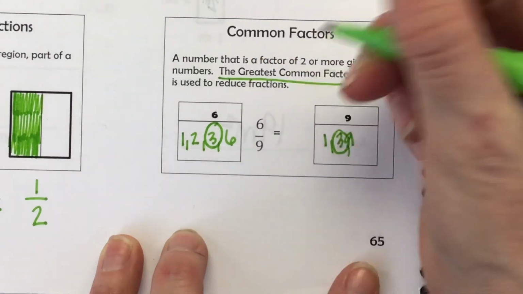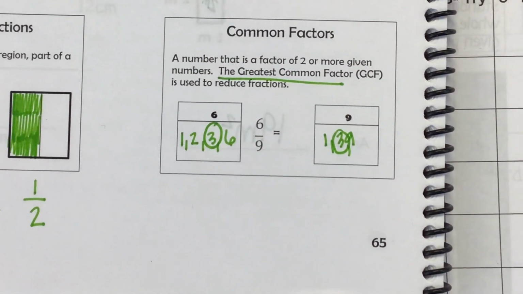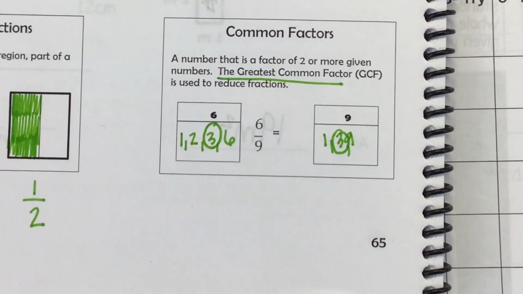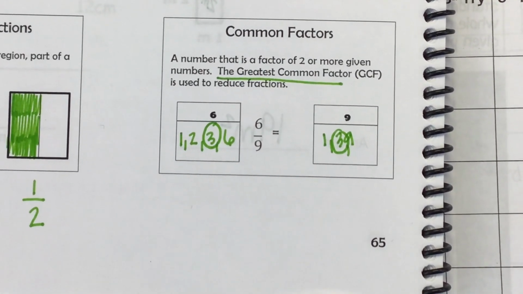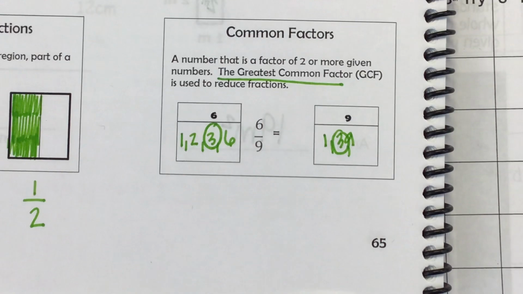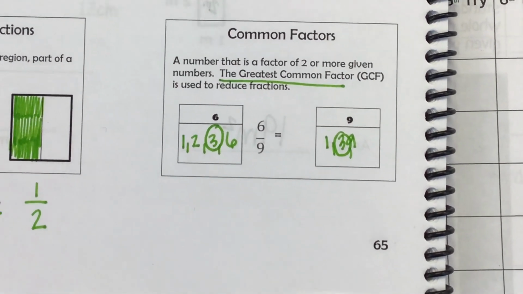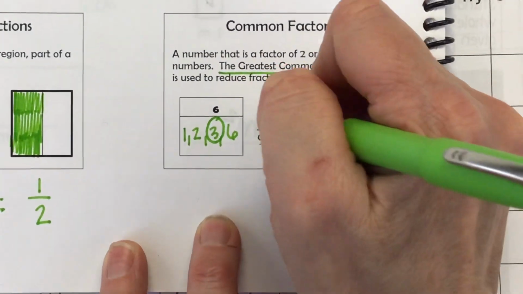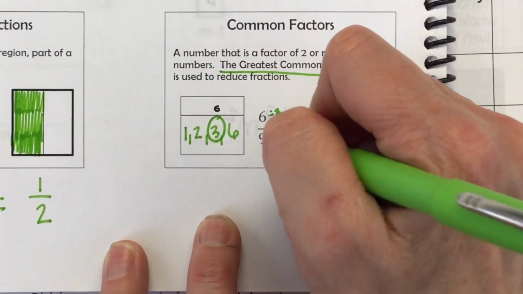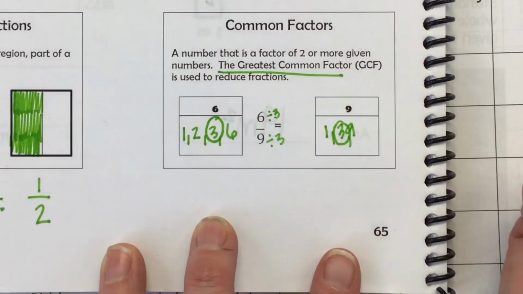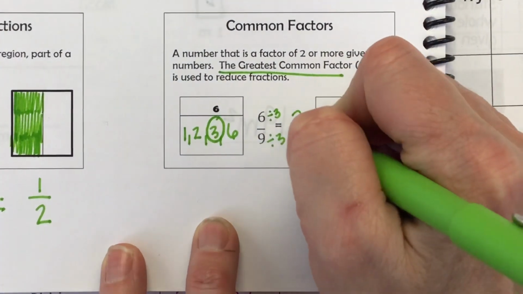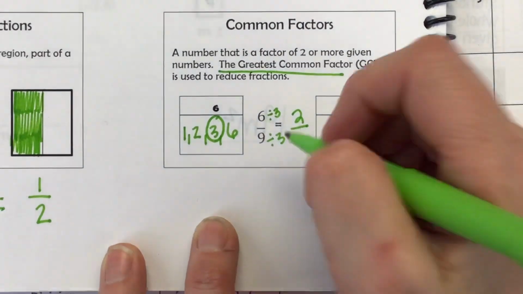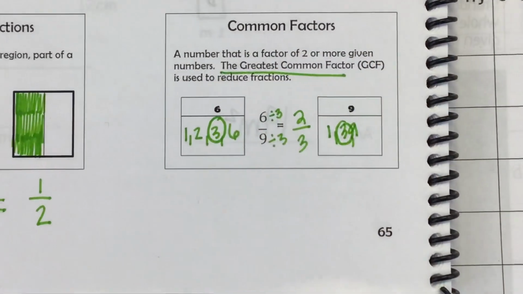That means I can divide my numerator and denominator by the same number. We know that to find an equivalent fraction, you either have to multiply or divide the numerator and denominator by the same number. So if I do 6 divided by 3, then I need to do 9 divided by 3. What is 6 divided by 3? 2. What is 9 divided by 3? 3. So 6/9 is equal to 2/3.